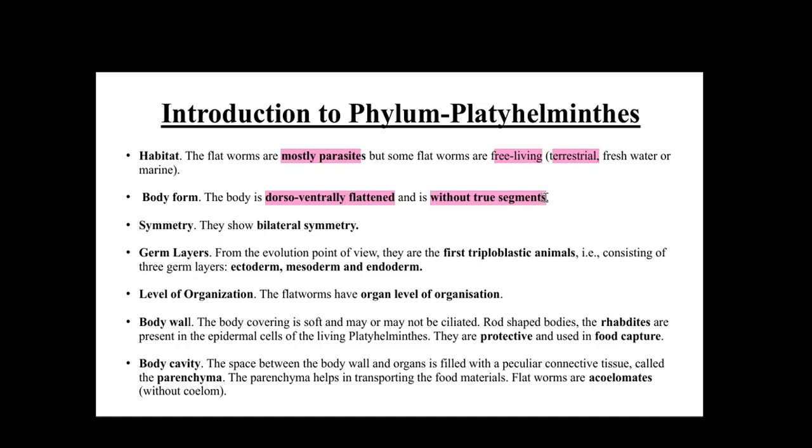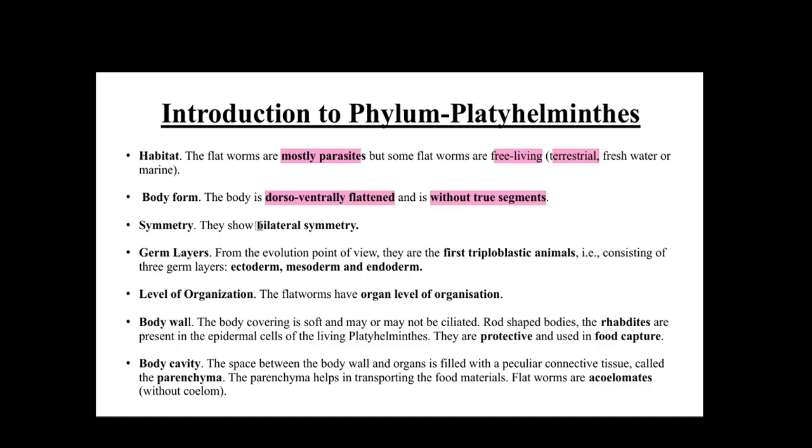In pseudo metamerism, the internal organs are not arranged according to the external segmentation. This type of pseudo metamerism is shown in Taenia solium, where the body is divided into different proglottids, but the internal organs are not according to the external segmentation.